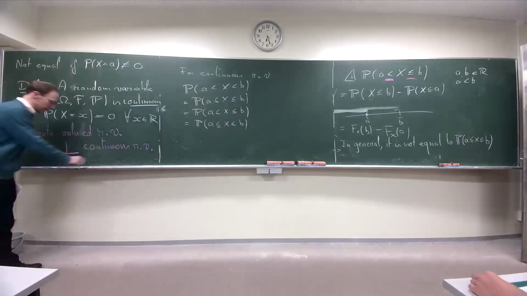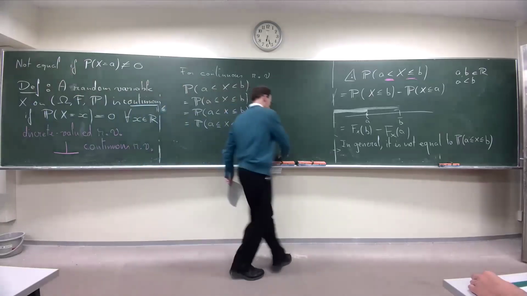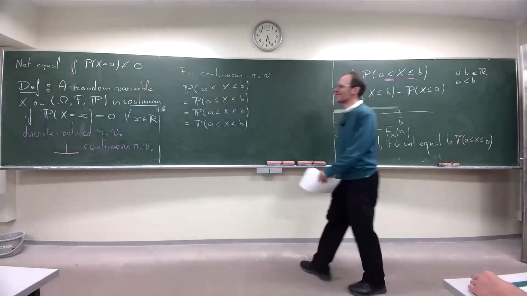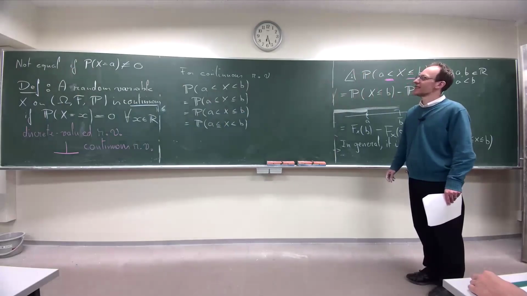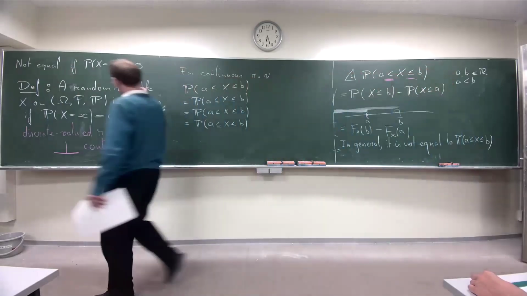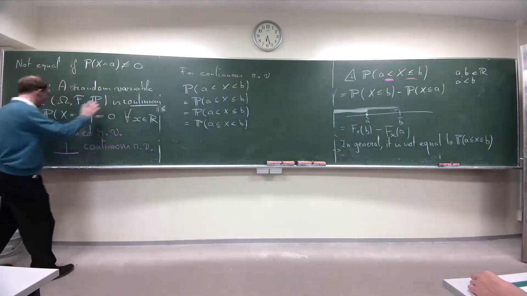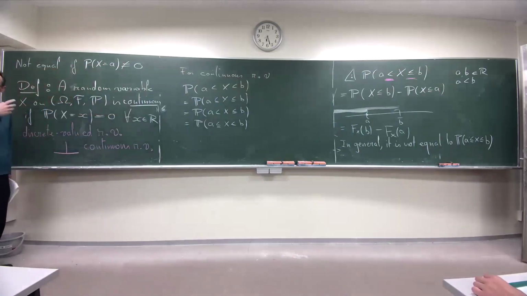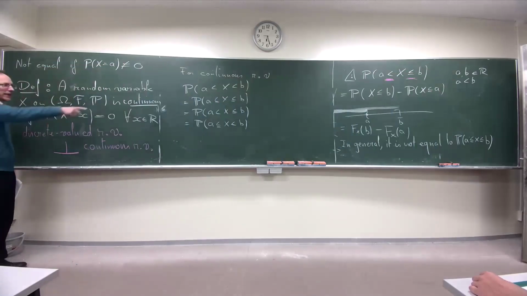Last thing, and we will finish with this. Yes. There are only continuous and discrete valued, right? There's no third type. Oh yeah, you're right. There is only continuous or discrete plus linear combination. You can take a linear combination of continuous and discrete, but not an arbitrary linear combination.